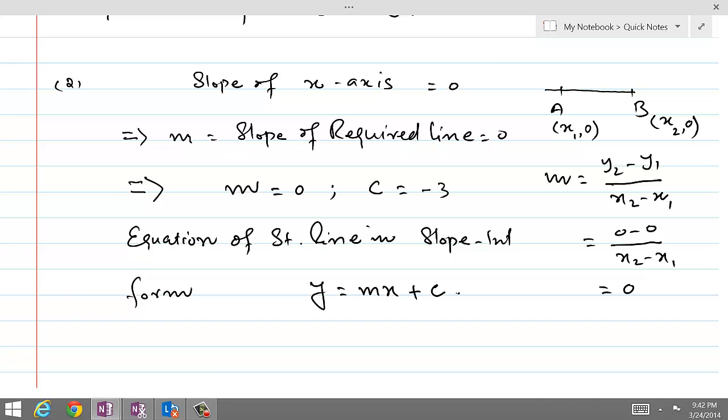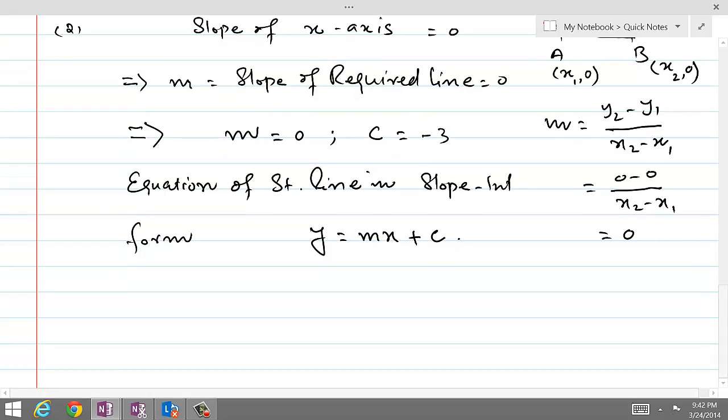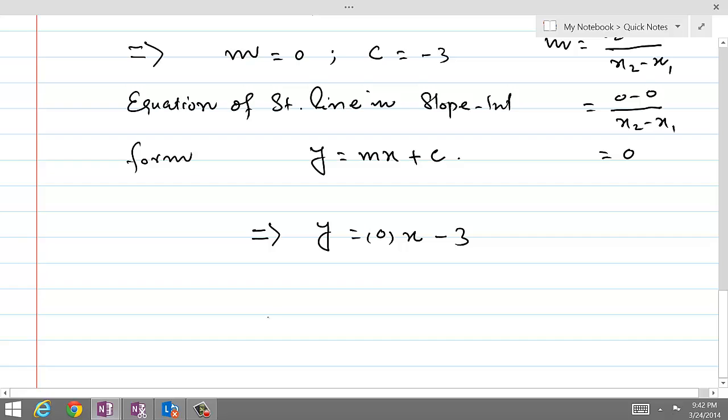We already have these values, so we are going to plug them in, and the equation of the straight line is: y is equal to m, which is 0 for this purpose, times x minus 3, which means y is equal to minus 3 is the required line.